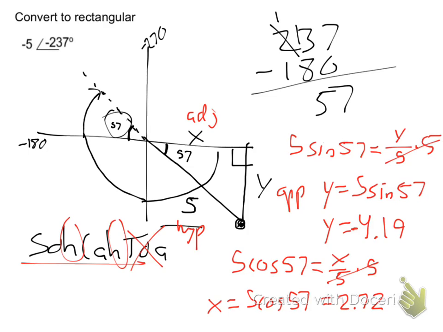The final thing, guys, is I have to write it in i hat and j hat form. And to do that, what does it look like? 2.72 i hat minus 4.19 j hat.